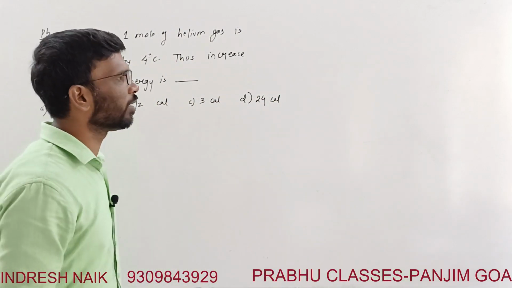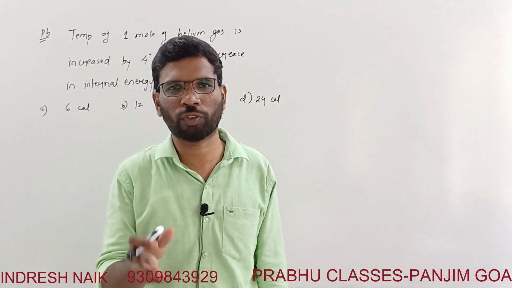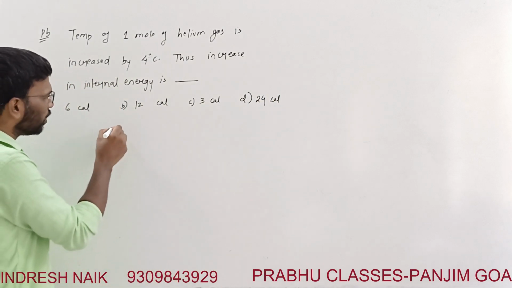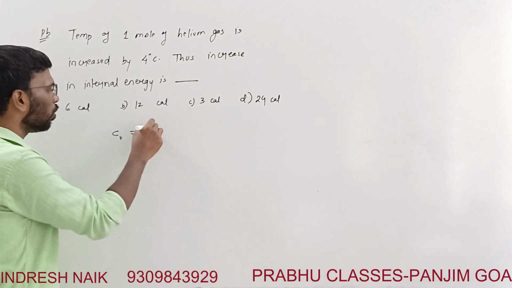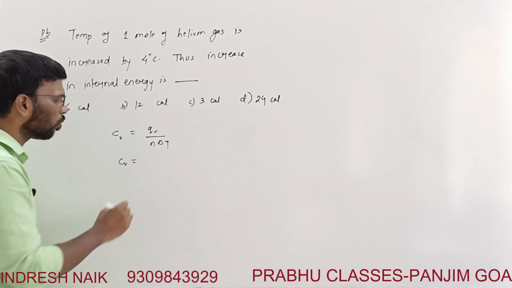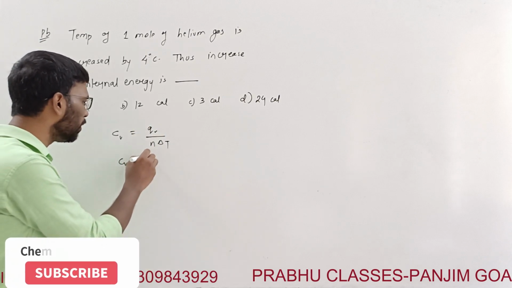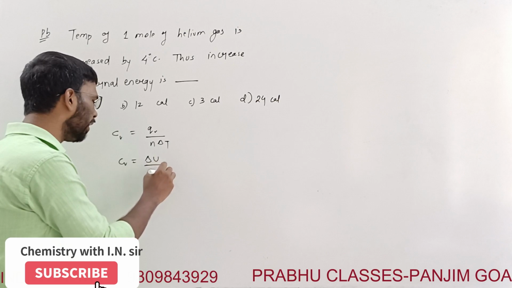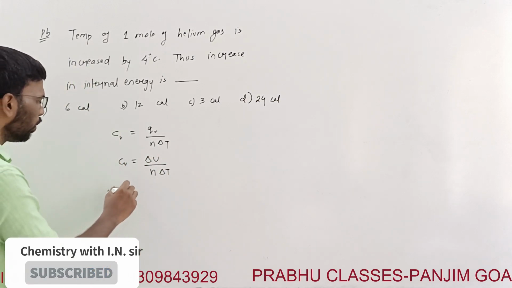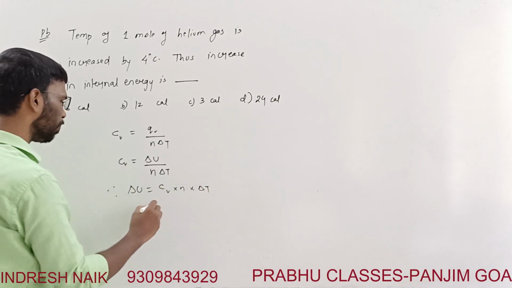Heat transfer at constant volume is equal to internal energy change, so Cv is equal to Qv by delta T, which is internal energy change by delta T. What is asked is delta U, so delta U is equal to n Cv delta T.